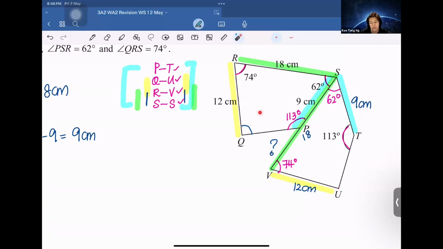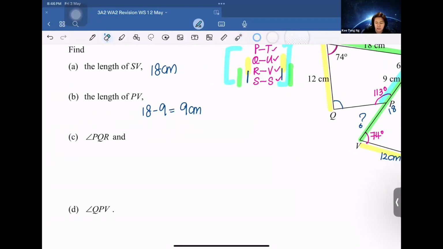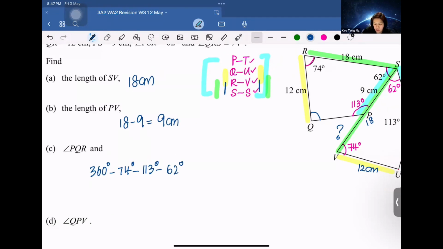I have 74, 62, and 113. So I'll take 360 degrees minus 74 degrees, minus 113 degrees, and minus 62 degrees. And we get 111 degrees. Have you gotten the concept?